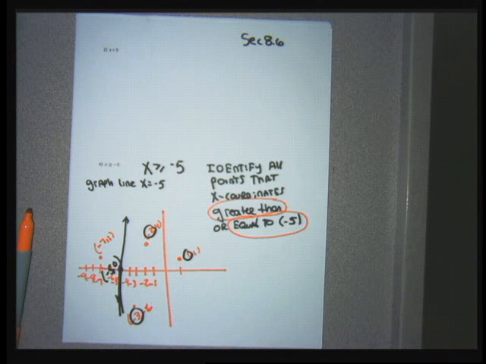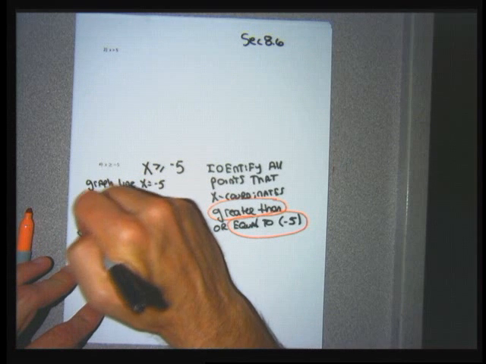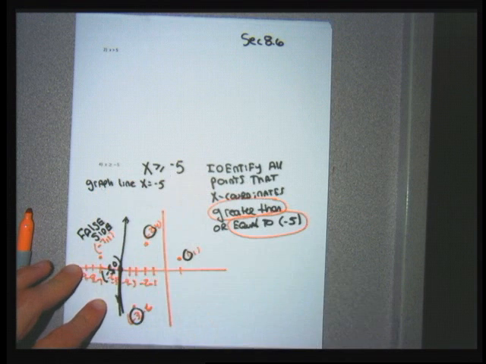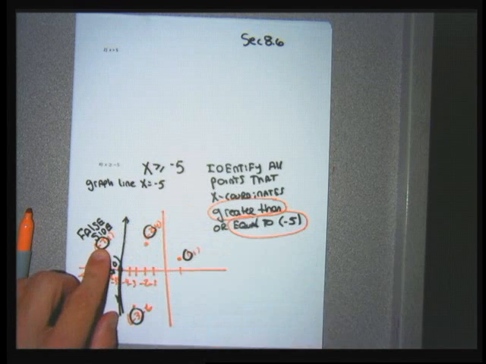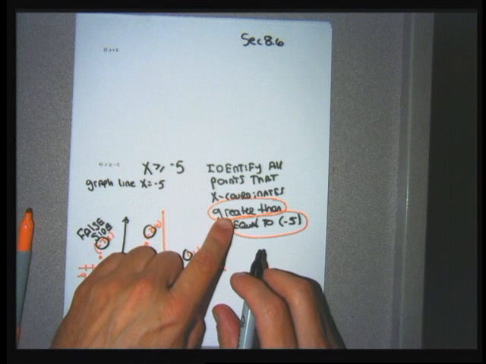what each one of these points have in common, if I look at their x-coordinate, is that it's bigger than -5. It turns out that in this section, it's always going to be the case that one side of the line makes the inequality true, and the other side of the line makes the inequality false. So in this particular line, I'd say this is the false side, because every point to the left of the line has an x-coordinate less than -5, and I'm trying to identify the points of the graph that have x-coordinates greater than -5.